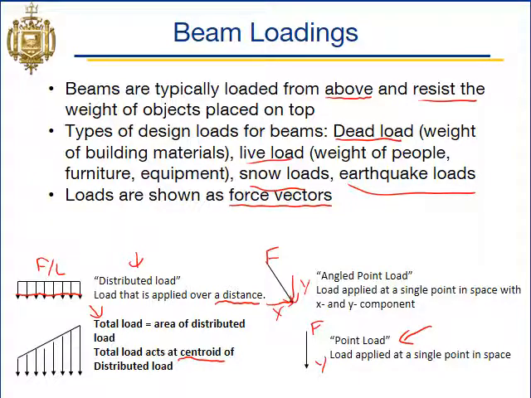That's at the centroid, so that would be there. And the total load would just be the area under this distributed load shape, right? So it would be the magnitude of the distributed load times its length. Length cancels, you're left with just the force. So our equivalent load would be this force here at the center of that shape.